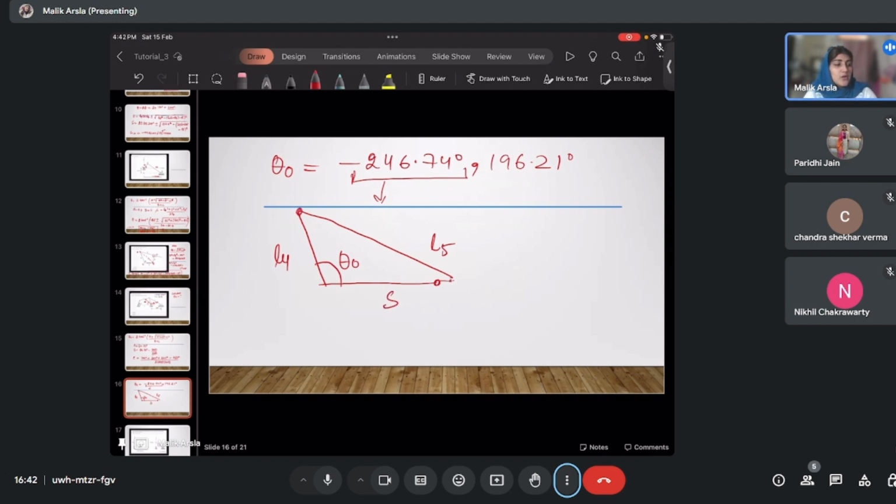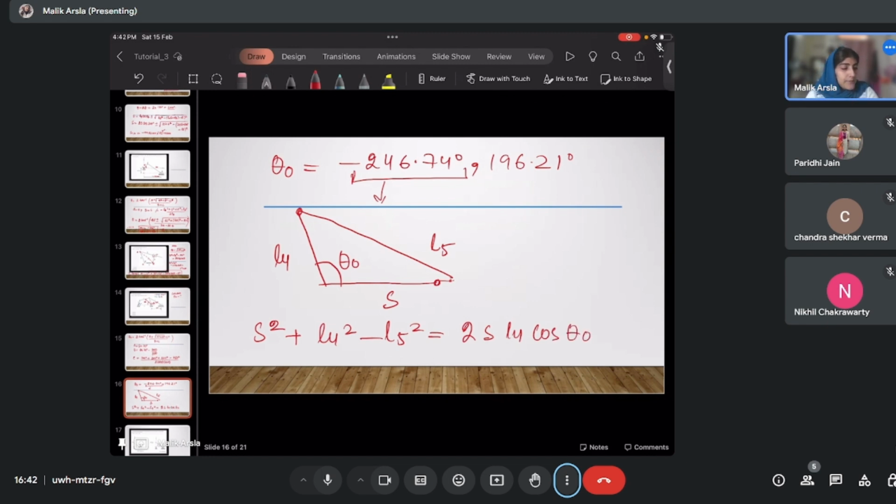Now you have to figure out S, and we just talked about the cosine rule. So what does the cosine rule say? That S square plus L4 square minus L5 square is equal to 2 S L4 cos of theta naught.